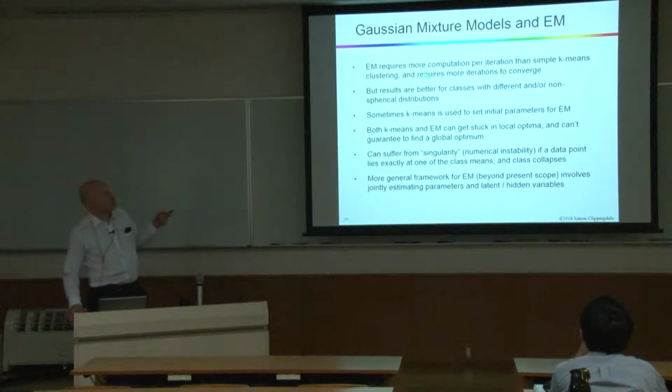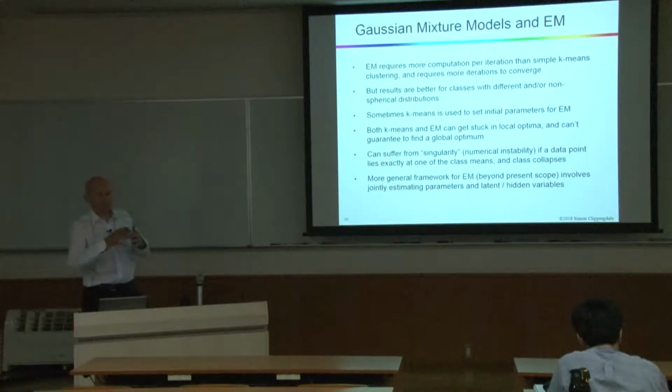EM requires more computation than a simple k-means clustering, as you might imagine, because you've got to evaluate all these means and covariances, and it usually requires more iterations to converge, but the results are better for classes with different or non-spherical distributions. So if you have classes with elongated distributions, then EM is usually going to work better. You can sometimes set the initial parameters for EM using k-means clustering, which then speeds up the convergence of the EM algorithm.